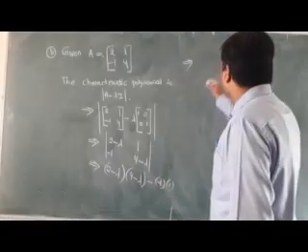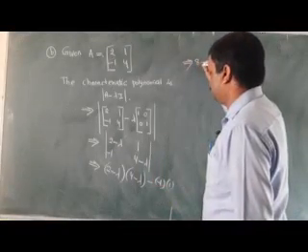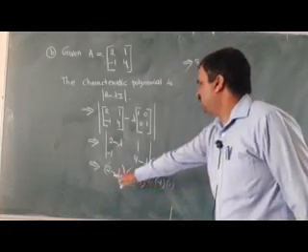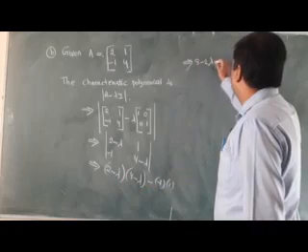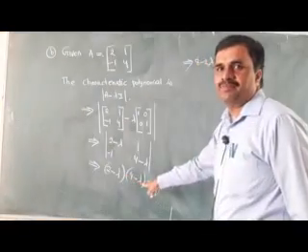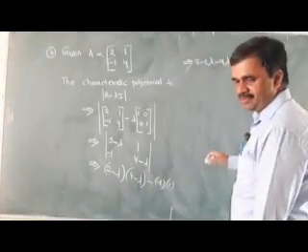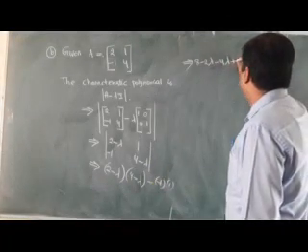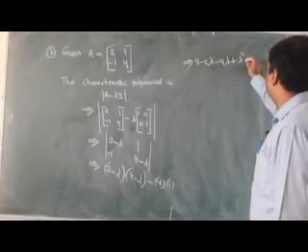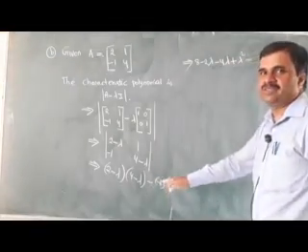2 into 4 is 8, minus 2 into lambda, 2 lambda minus lambda into 4, minus 4 lambda, minus into minus plus lambda square, plus lambda square, minus into minus plus 1.